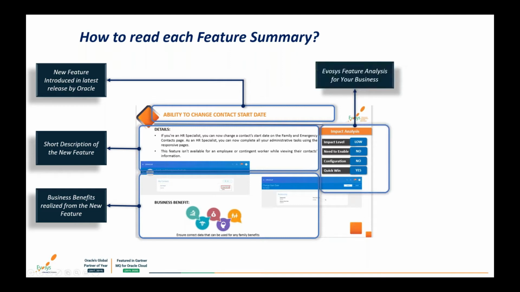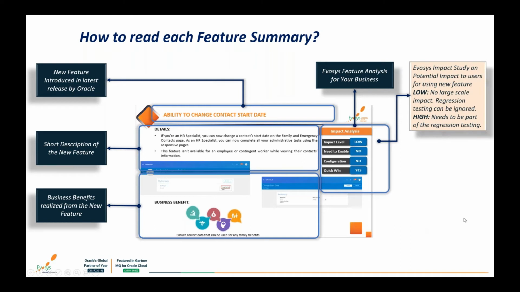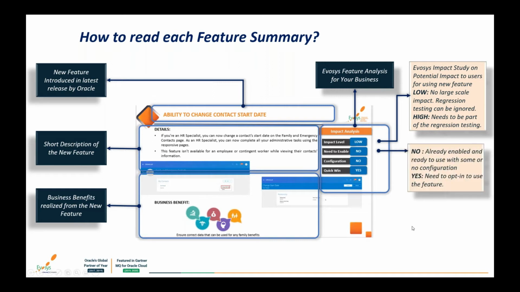On the right-hand side, you'll see an impact analysis with 4 main areas. So firstly, you've got the impact level. A low would mean no large-scale impact, so regression testing is not really required or can be ignored, and obviously a high is the complete opposite.